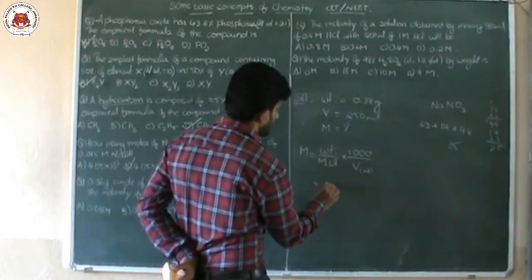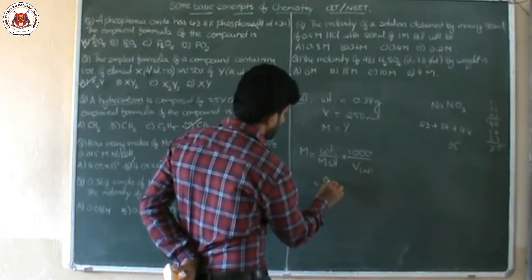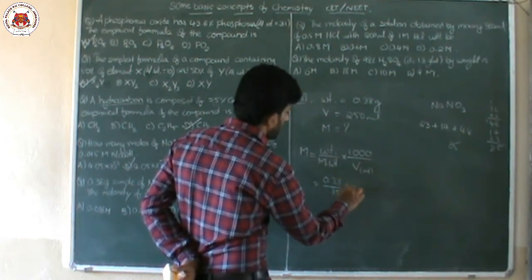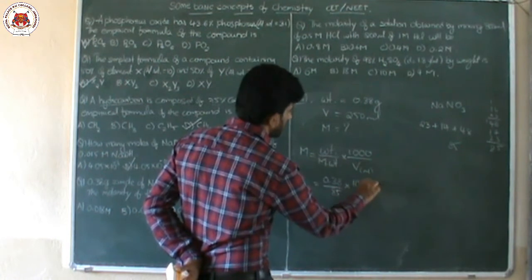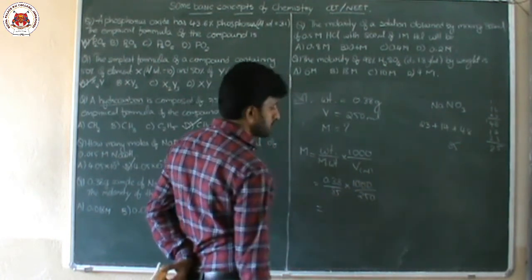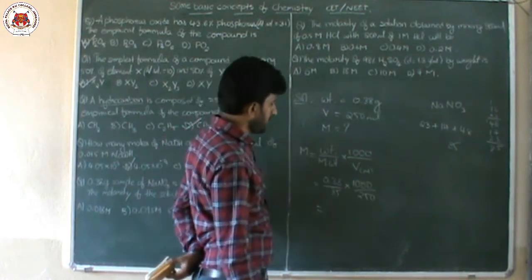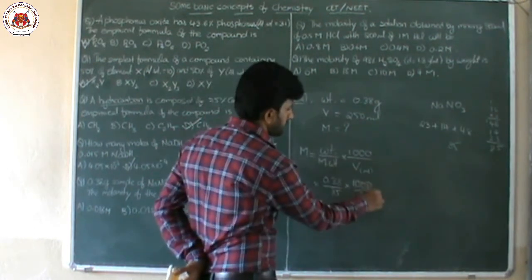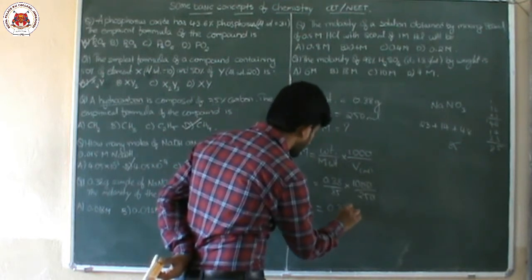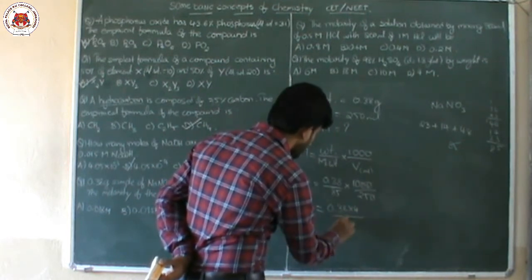Now this is 0.38 divided by 85 into 1000 divided by 250. 1000 divided by 250 will be 4. So 0.38 into 4 divided by 85.